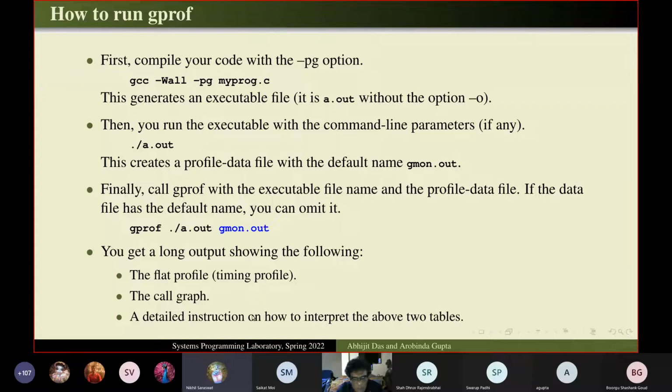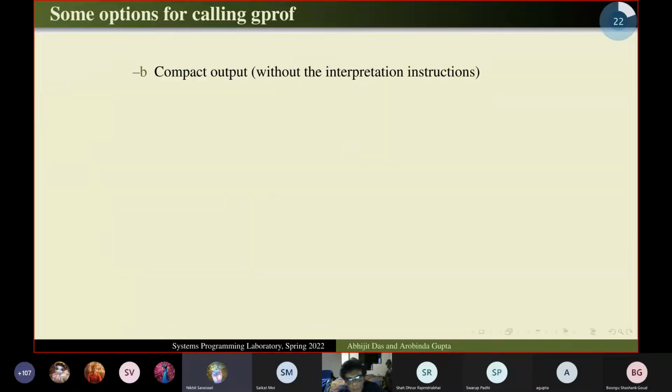Once you know this, possibly you are not very much interested in seeing these instructions because you know this is a standard constant set of instructions. So if you do not want them, of course, your important things are the timing profile and the call graph. These things are pertaining to your code. This instruction, if you want to suppress, just call it with the -b option.